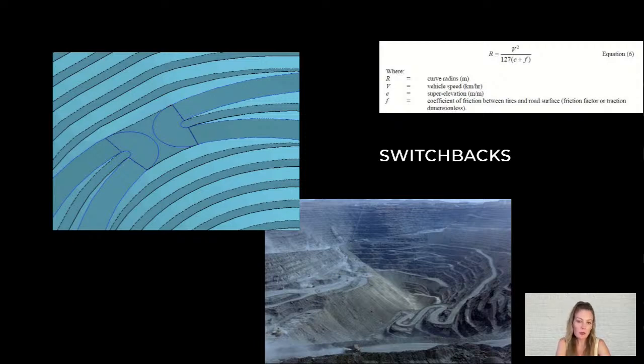They also require extra stripping removal to access the mineral deposit because the pushback area gets reduced by the width of each road. However, they are sometimes necessary when the length of the pushback no longer allows for straight paths.